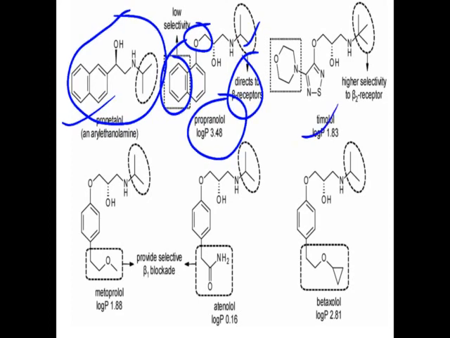Then timolol: this butyl group indicates beta 2 receptor selectivity. These groups are required for the blocking activity. Then metoprolol, write down the structure. Atenolol, butoxolol.